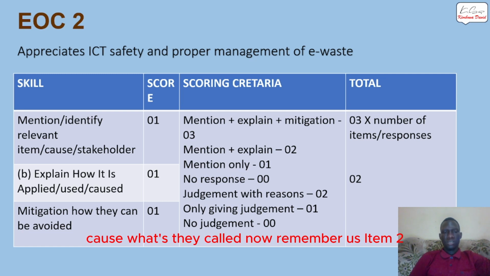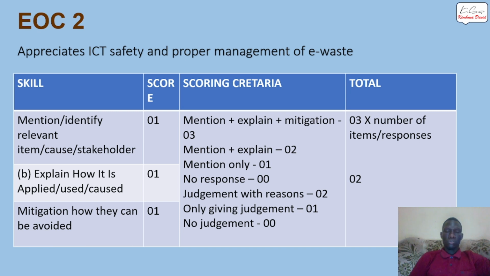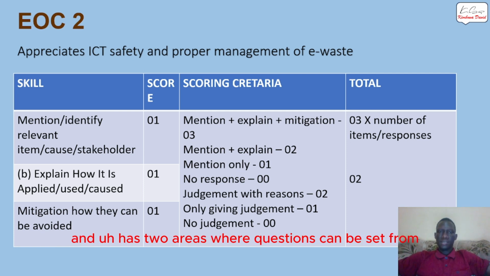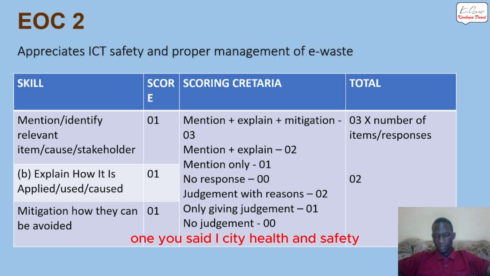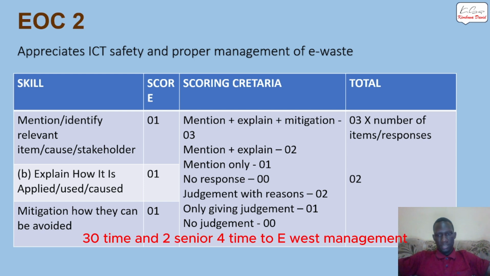Now remember, as item 2 is always in section B, it has 2 areas where questions can be set from. 1, we said ICT health and safety, that is senior 2 third term, and 2, senior 4 term 2 e-waste management.